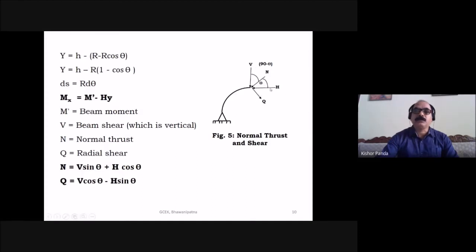So Q is equal to V cos theta minus H sin theta, the radial shear. So this is the normal thrust at any point, and this is the radial shear at any point in the circular arch.